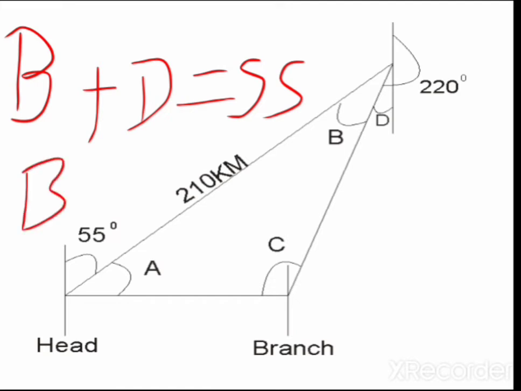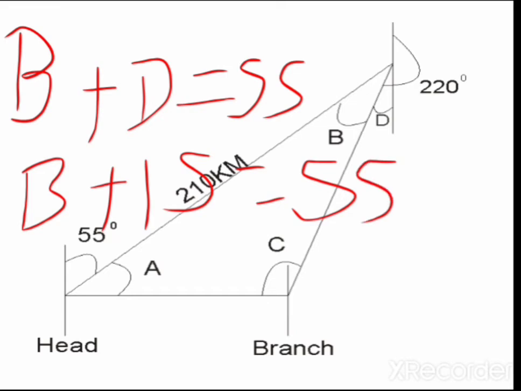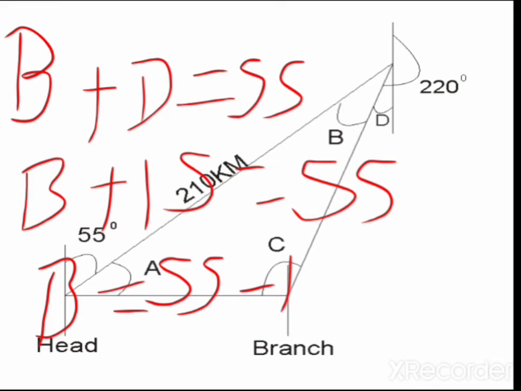So B plus 15 is equal to 55 degrees, then B is equal to 55 minus 15. So B is equal to 30 degrees. Now what do we do next to get A?